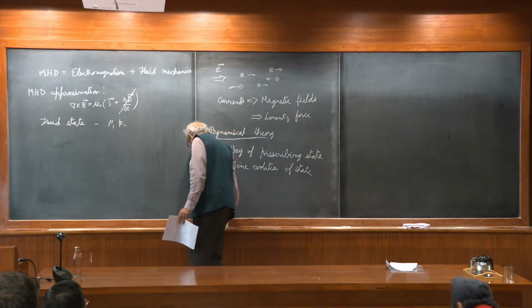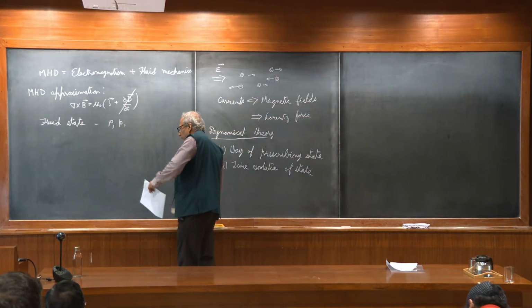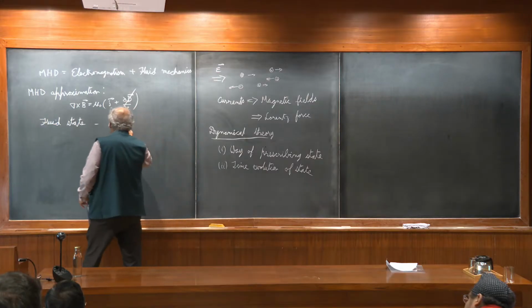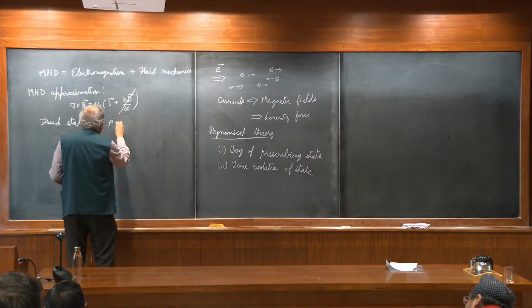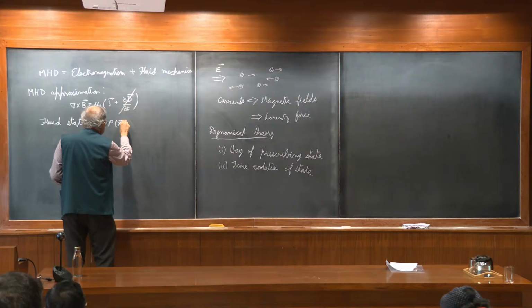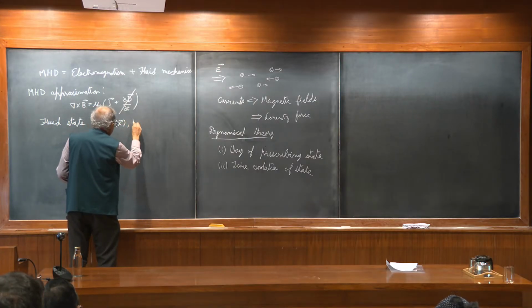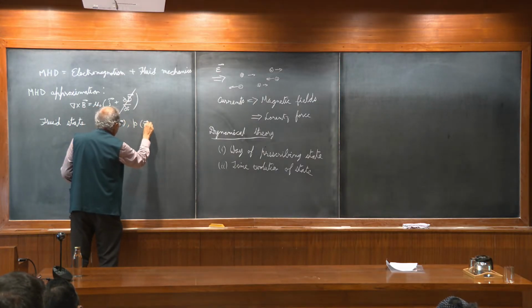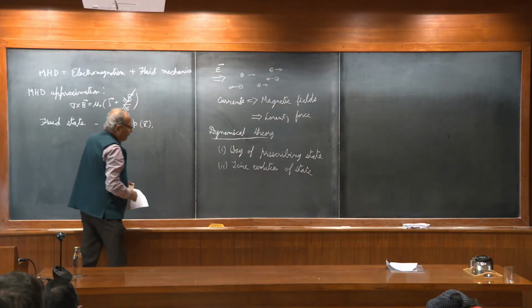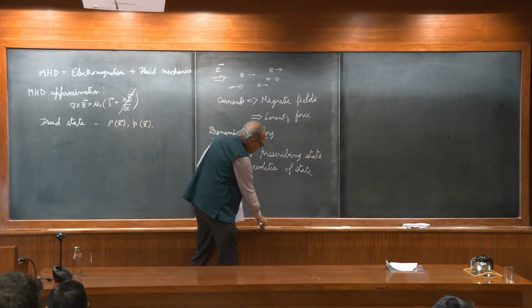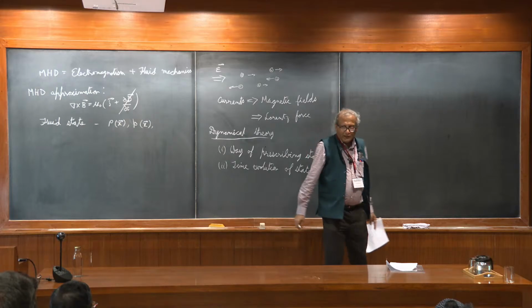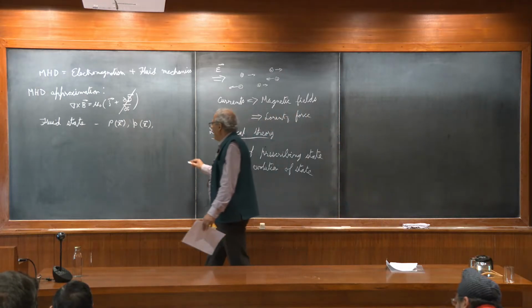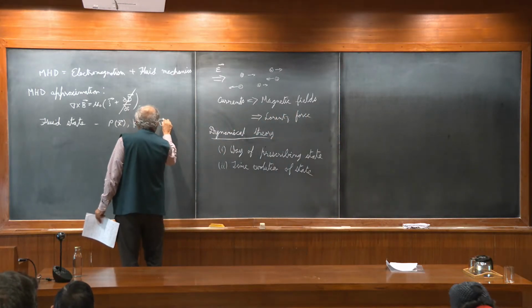And if you are considering a situation of a fluid in which things are changing from point to point, then these things also will be a function of position variable, unlike what happens inside a cylinder where these things are constant. And also in a fluid you can have some flow velocity, so that will be an additional parameter.